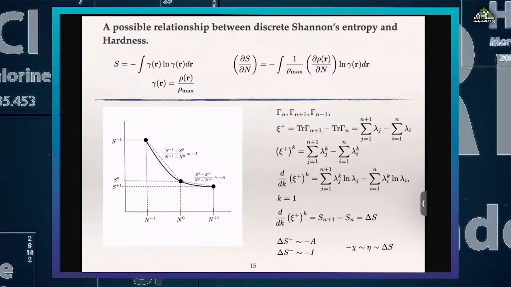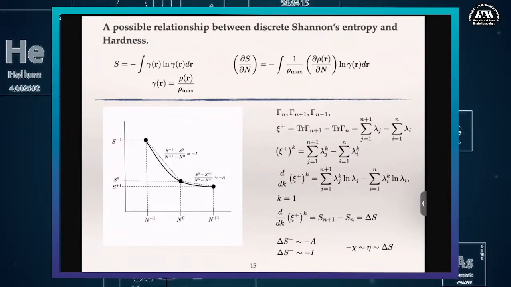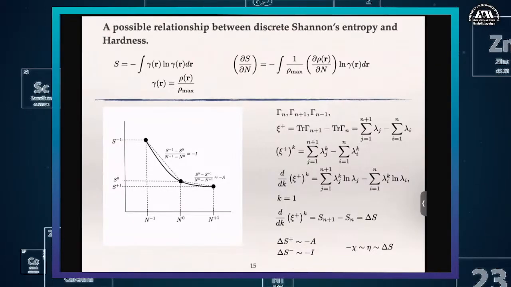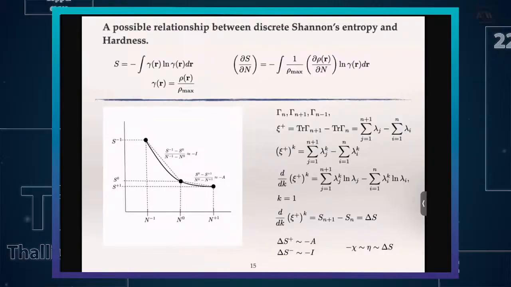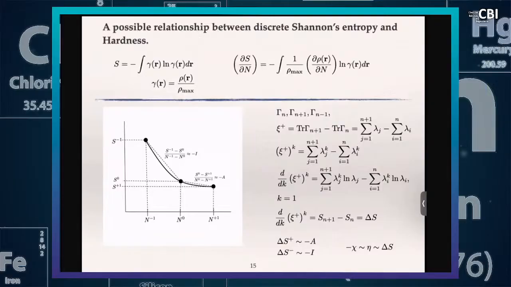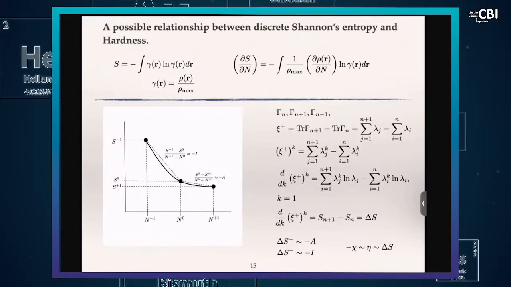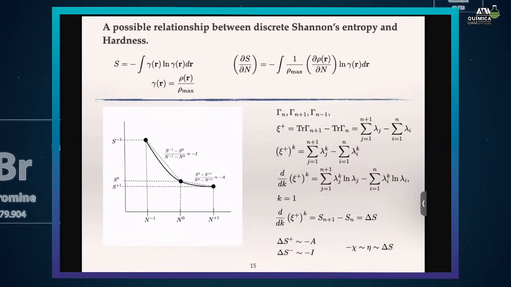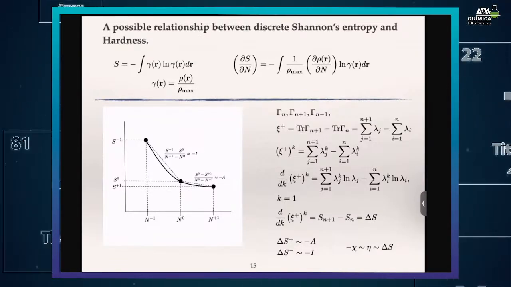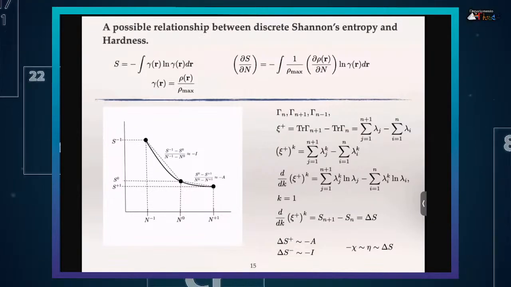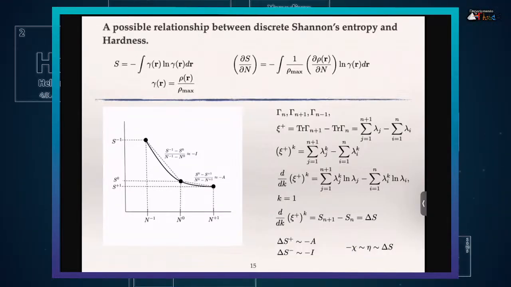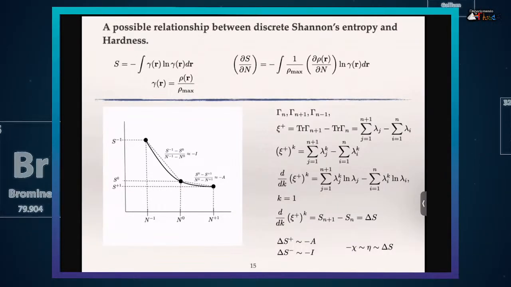However, we can try to figure out if there is a possible relationship between the discrete Shannon entropy and some descriptors of chemical reactivity. For example, if we consider the neutral chemical species, the anion and the cation, and their corresponding occupation numbers, we can perform the following operation.